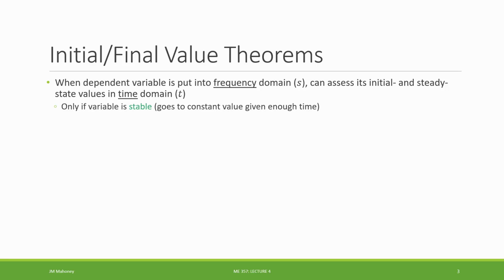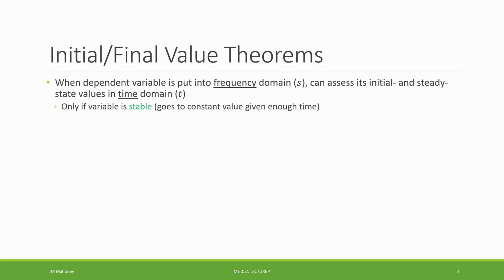We can assess those values in the time domain while staying in the frequency domain. However, this is only valid if the variable is stable, which is to say that in the time domain, given enough time, the variable goes to one constant value.